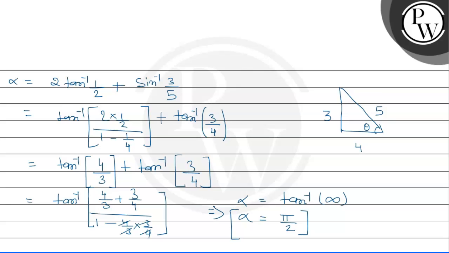Now solve the value of beta. So we have given beta is equal to sine inverse 12 upon 13 plus cos inverse 4 upon 5 plus cot inverse 16 upon 63.